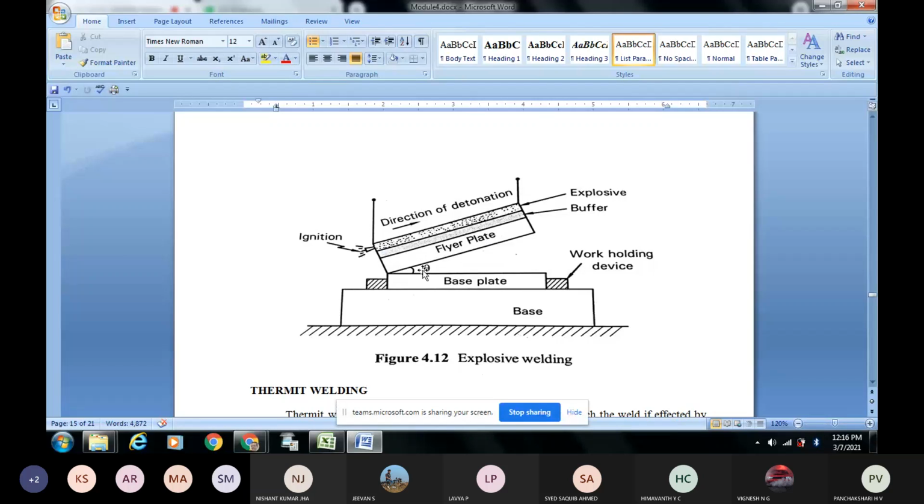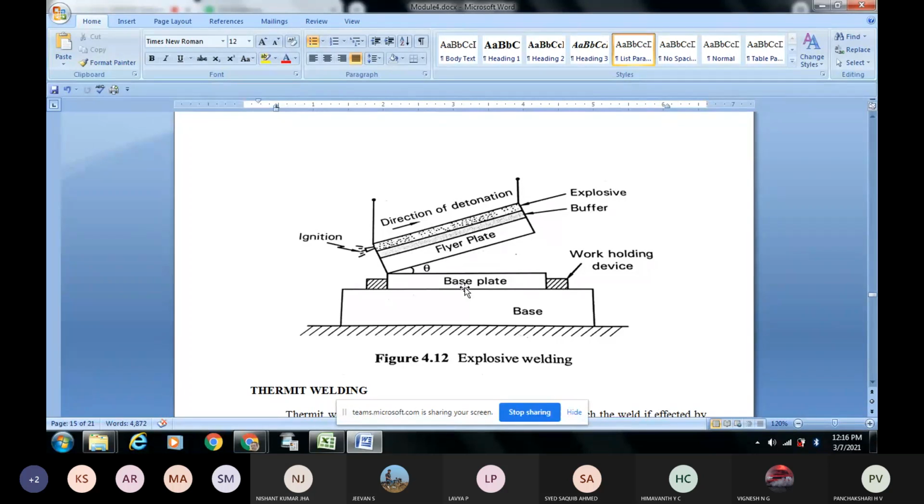Due to that explosive energy, the flyer plate travels with great kinetic energy in the downward direction, and comes and hits the base plate at great velocity. So the cladding of the flyer plate takes place with the base plate.